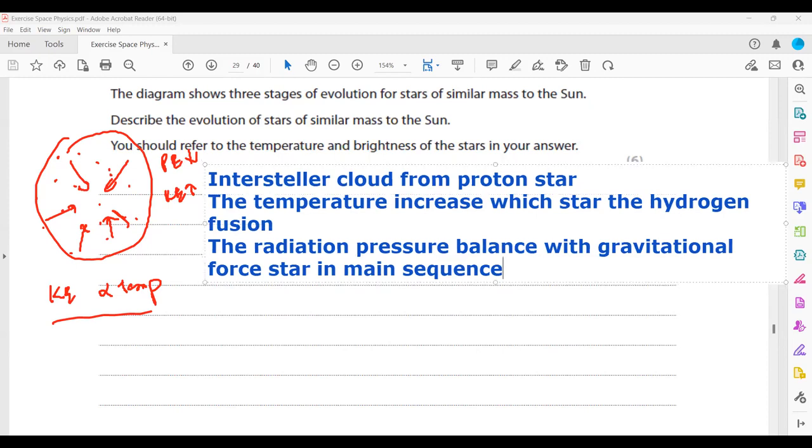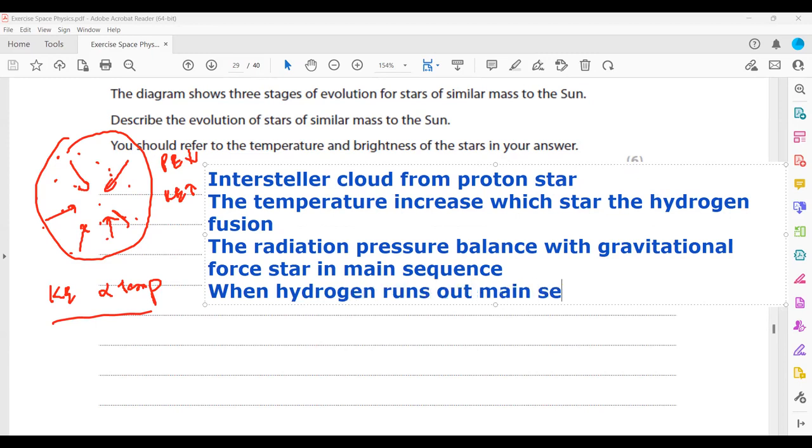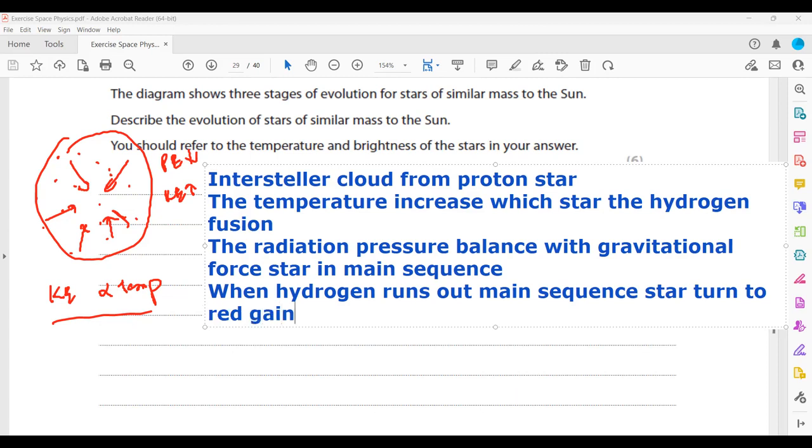Then what will happen when hydrogen runs out? The main sequence star turns into a red giant because of helium fusion.